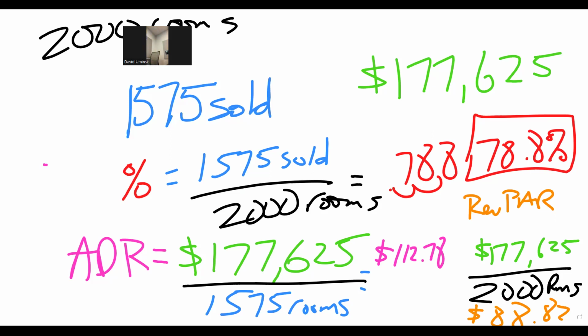Questions, comments, concerns about this? Yes. Okay, so 78.75, we're going to round it up to 78.8, right? That 5 will round it up to 8. Let me double check your quiz in Canvas.